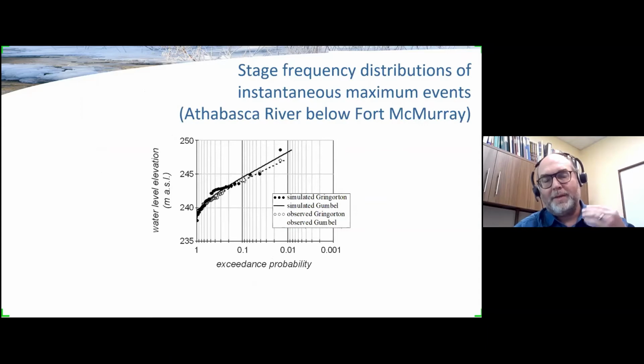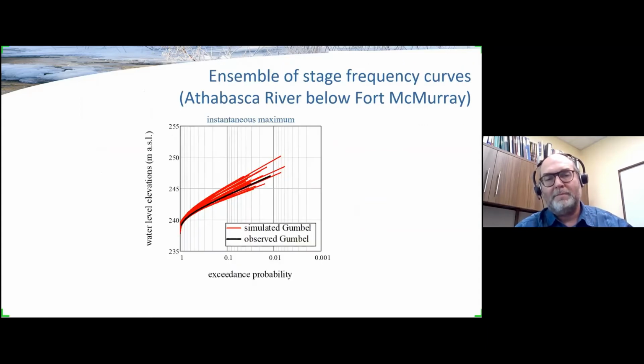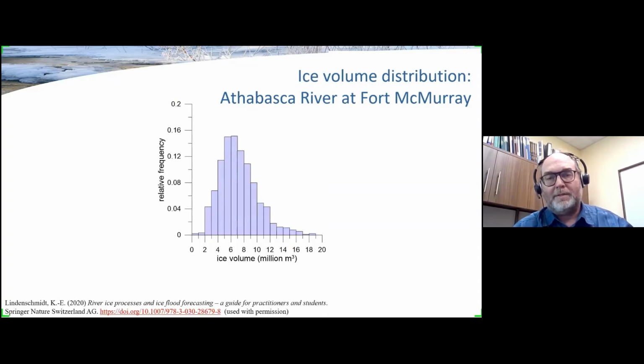With that same distribution, because it's all random numbers, I repeat it many times until I get an envelope of simulated stage frequency distributions, and just to make sure that the median of that approximately runs along the observed stage frequency distribution, and that I'm certain enough I'm getting the right distribution. And I'm quite happy with that, and this is what ends up being my volume of ice distribution at that gauge at Fort McMurray.